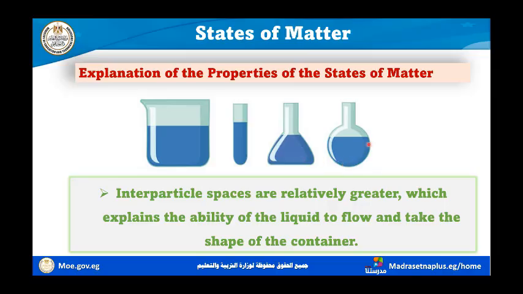As you can see, this is round, and so the liquid looks round. This is a conical flask, and so the liquid also becomes conical, and this is the test tube, and this is the beaker, and in each container the liquid takes the shape of this container.